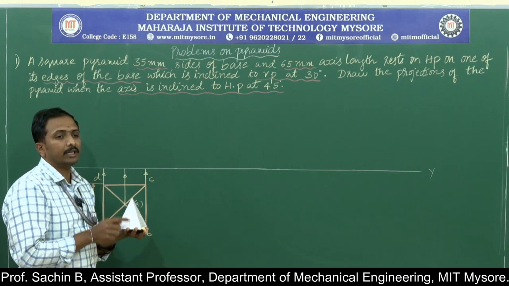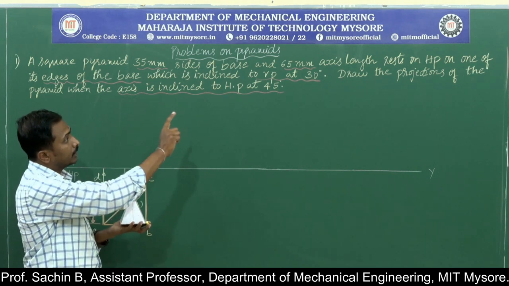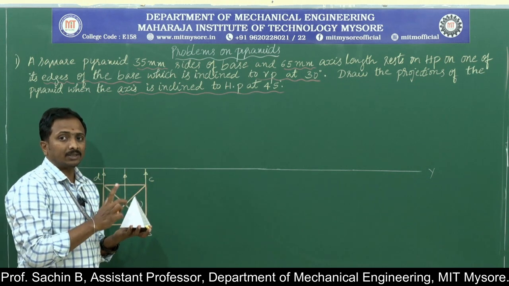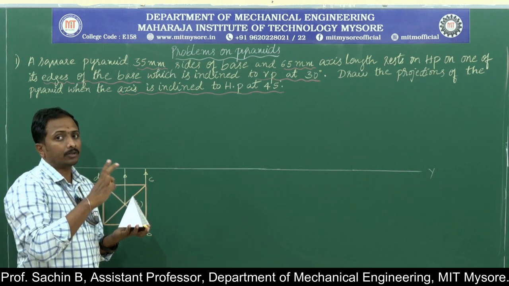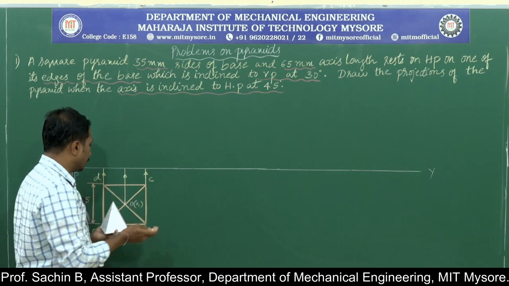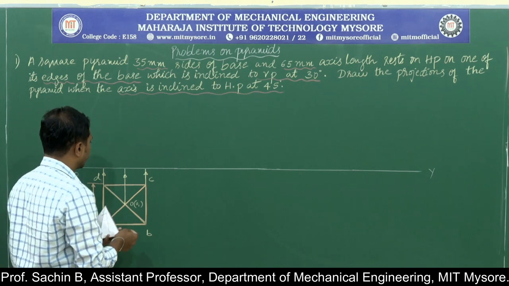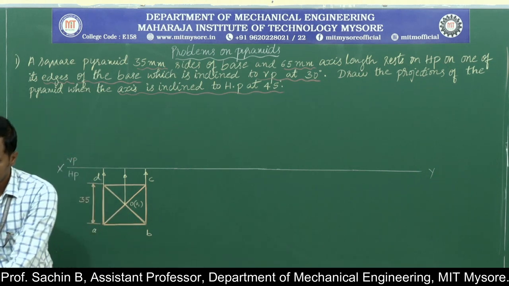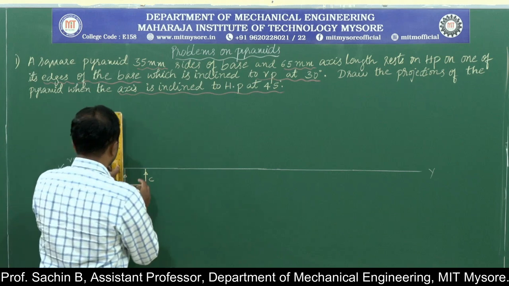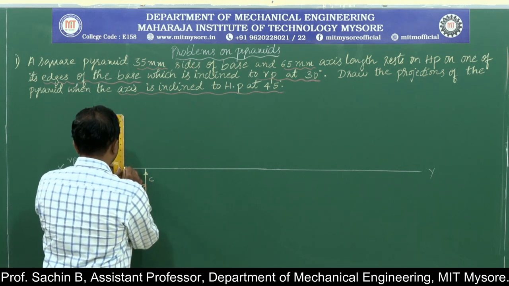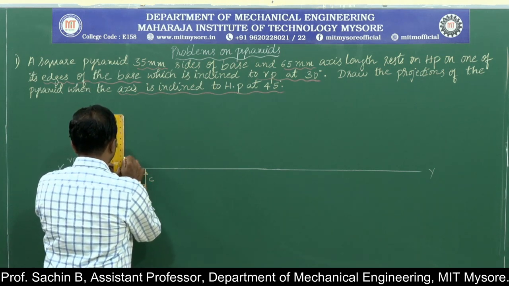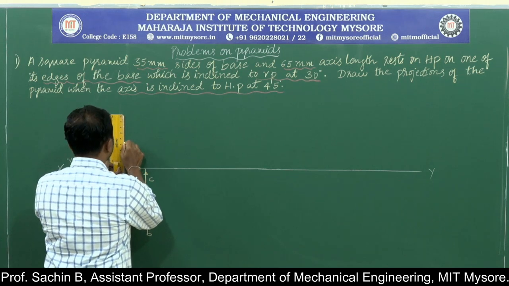You need to consider the axis length, because they clearly mentioned in the problem that the axis length is 65 millimeter, not the slant edge length. For that, I will draw an axis of chain line of length 65 millimeter.